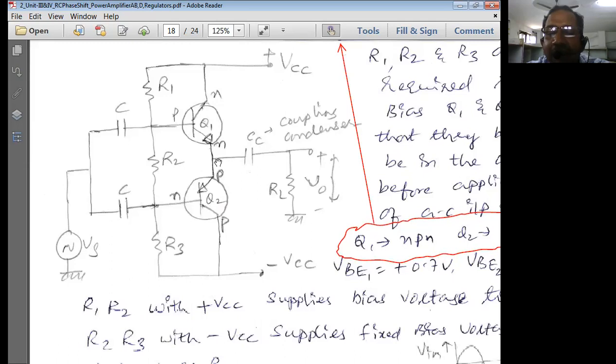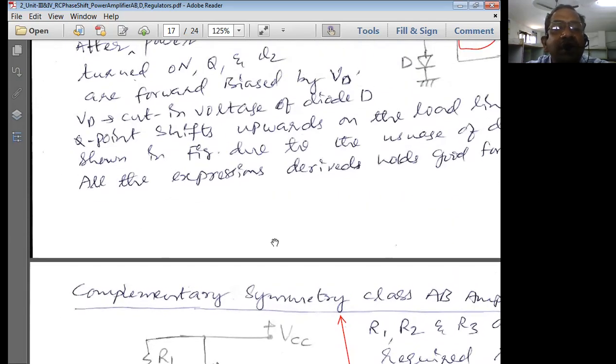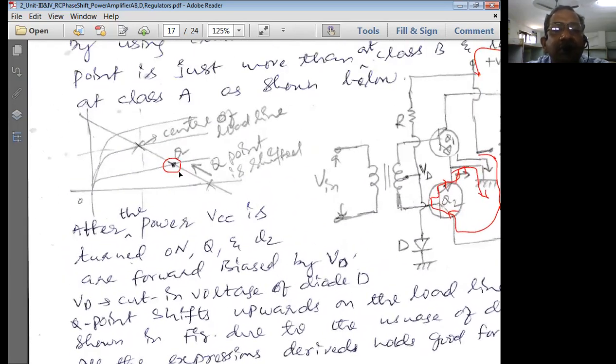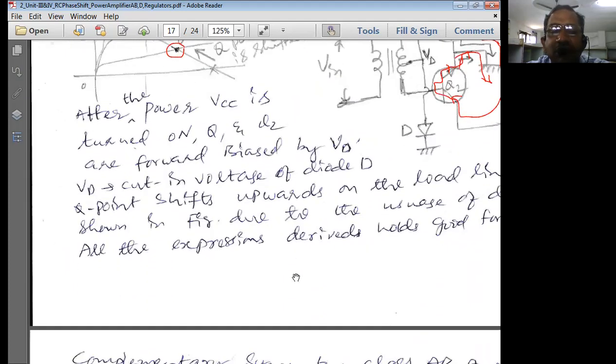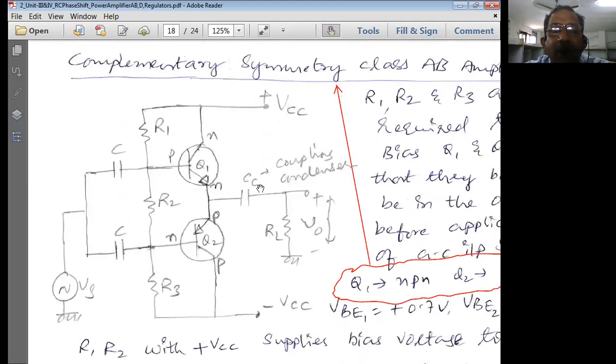Now, why am I saying it is class AB? Because the Q point is intentionally brought above the zero line. The Q point is intentionally shifted upwards above the zero line. That is the reason why we call it a class AB type of power amplifier.